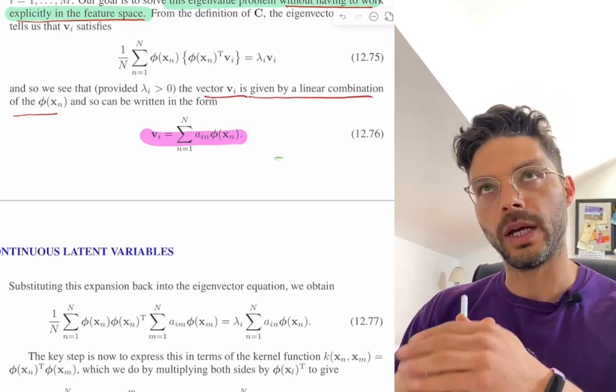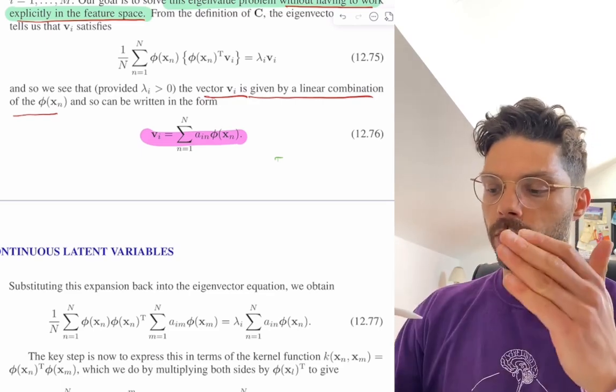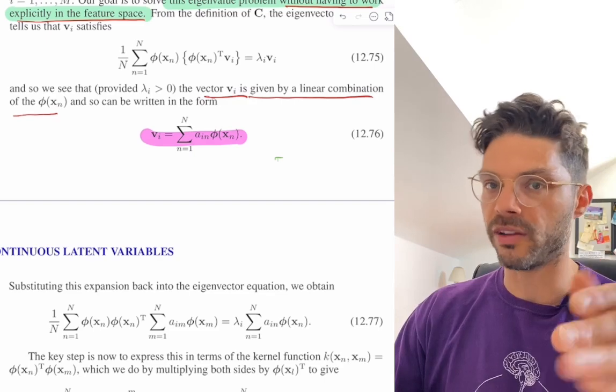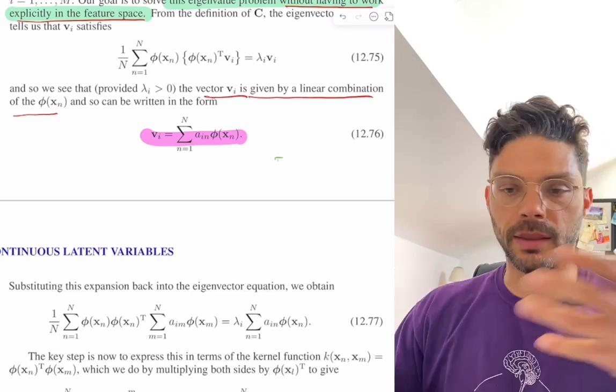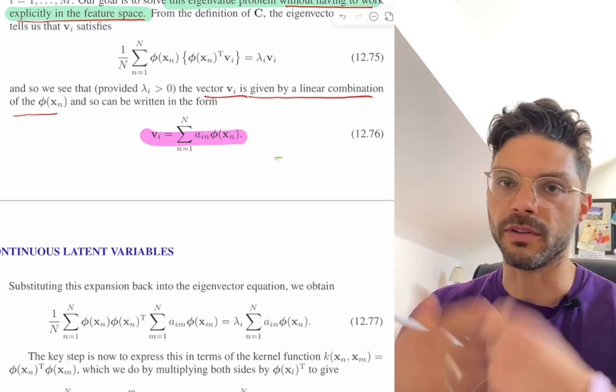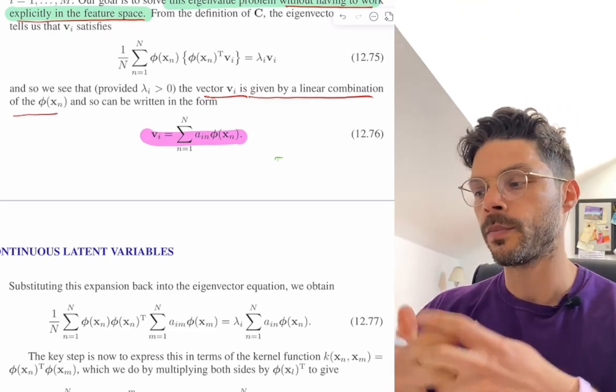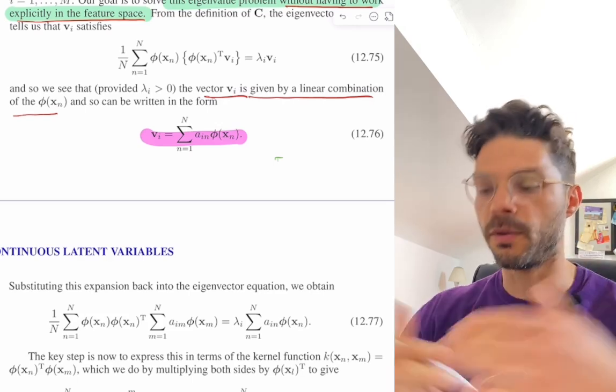It's kind of cool actually, because when you have data, a natural thing is to do PCA: find the covariance matrix, get the eigenvectors, and represent the data in terms of those eigenvectors, and there's nothing wrong with that. But here we're representing points in terms of the data itself.